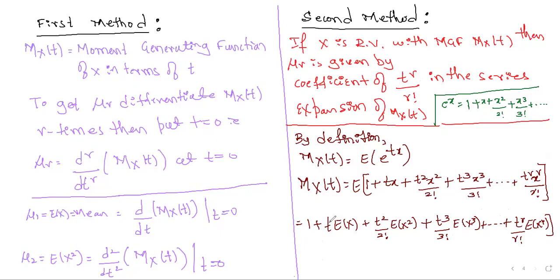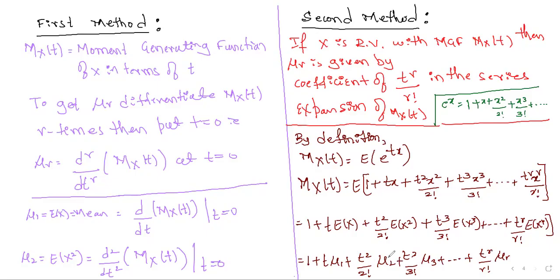So you can write this as 1 plus t times mu_1, plus t^2 by 2 factorial times mu_2, plus t^3 by 3 factorial times mu_3, and so on up to t^r divided by r factorial multiplied by mu_r. So the coefficients we get here are mu_1, mu_2, and so on.